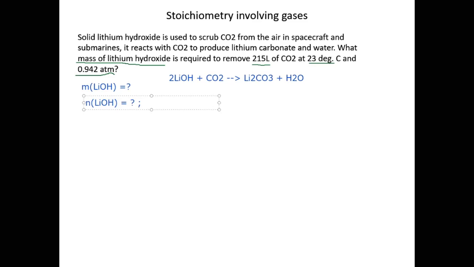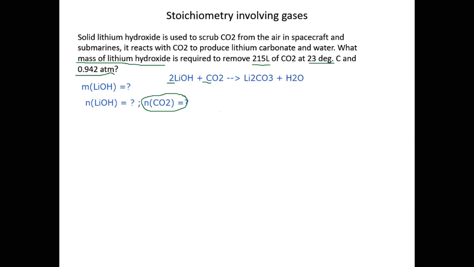But if we found the moles of CO2, we could find the moles of lithium hydroxide, because for every 2 moles of lithium hydroxide, we need 1 mole of CO2. So if we know the moles of carbon dioxide, we can determine the moles of lithium hydroxide and then determine the mass.